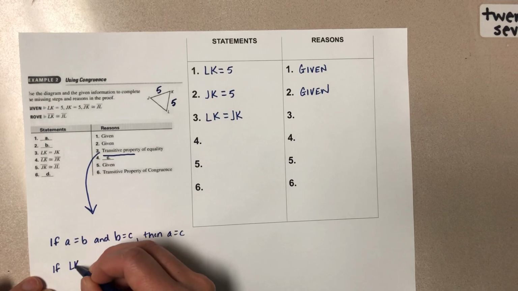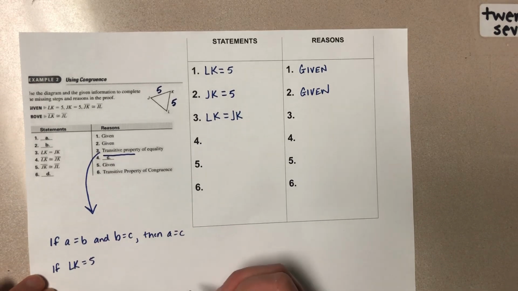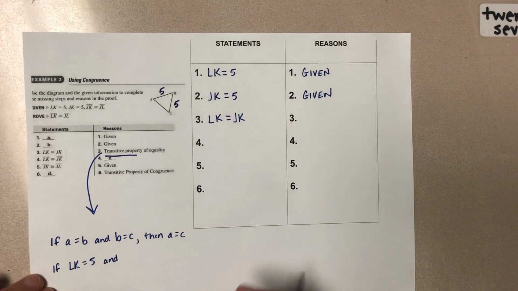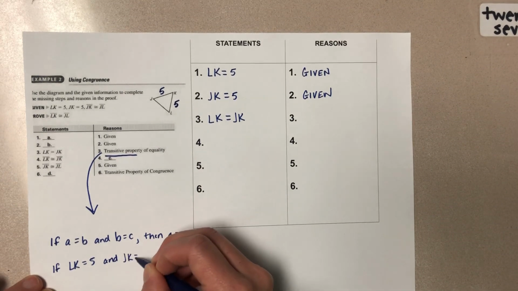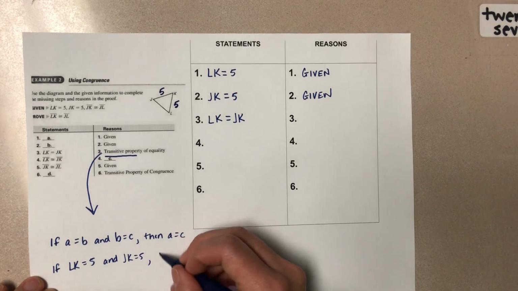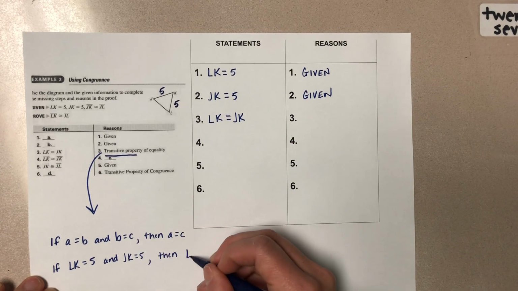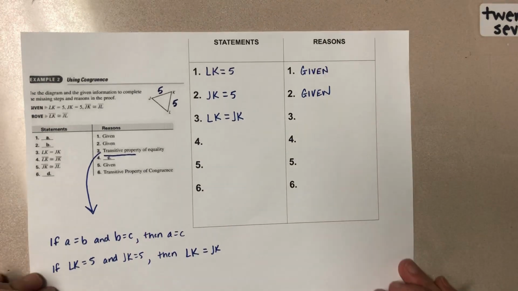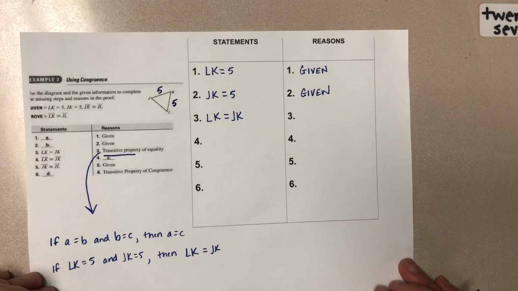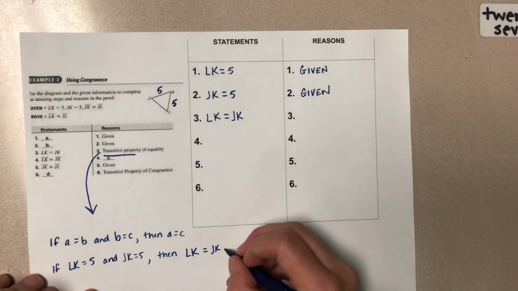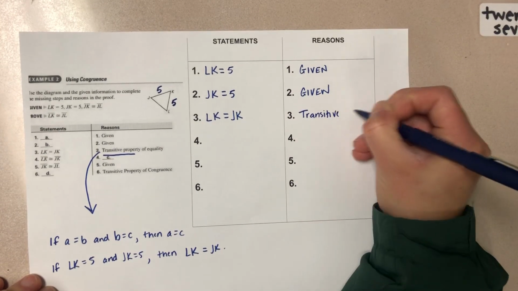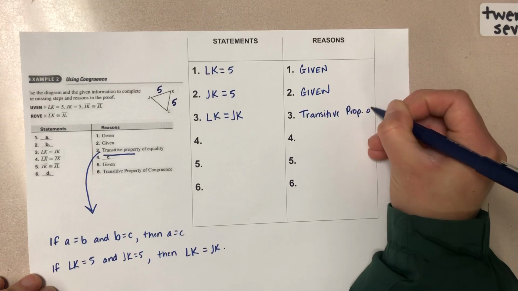If LK equals 5, and JK equals 5, then we can say that LK equals JK. And that's where we get this next statement, that the lengths are equal, LK equals JK, using the transitive property. And in this case, of equality.